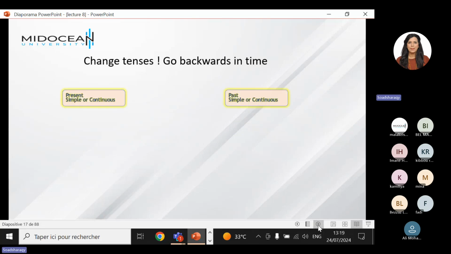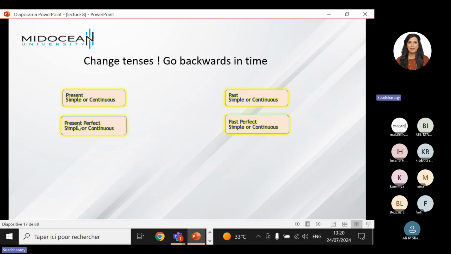Now, tenses. So, change tenses, go backwards in time. So, present simple or continuous, when using the reported speech, we transform it into past simple or continuous.